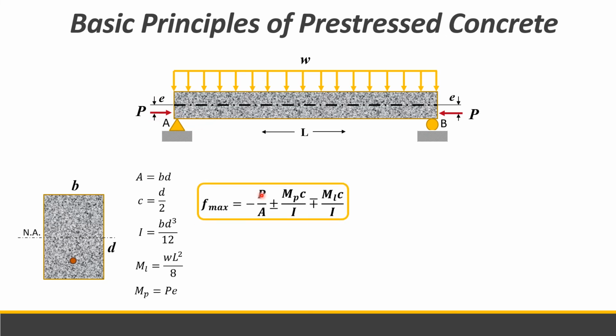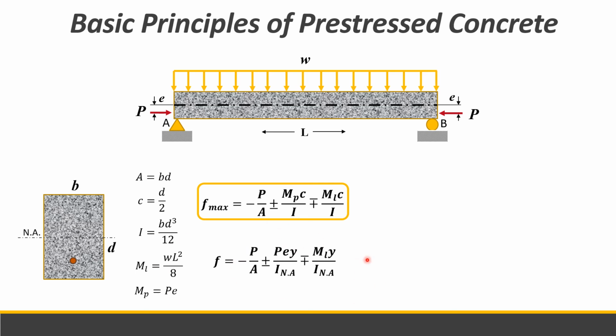Now, previously, our formula for the maximum stress is negative P over A plus minus MC over I minus plus MC over I. So this is applicable for all types of beam, for any area, any loading, or any pre-stressing force. Now, in a general sense, negative P over A plus minus, for pre-stressing at an eccentricity, we can say that MP is P times E, and then Y if not the outermost fiber, so somewhere between the neutral axis and the outermost fiber.